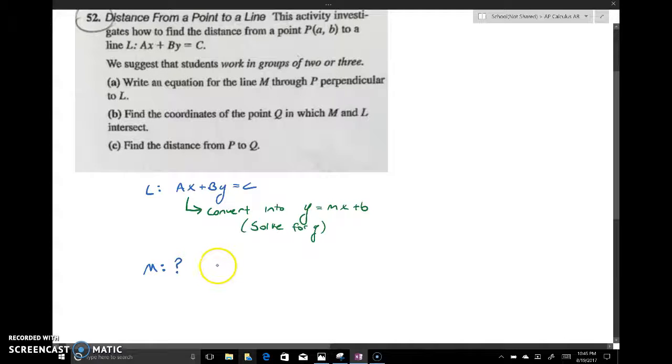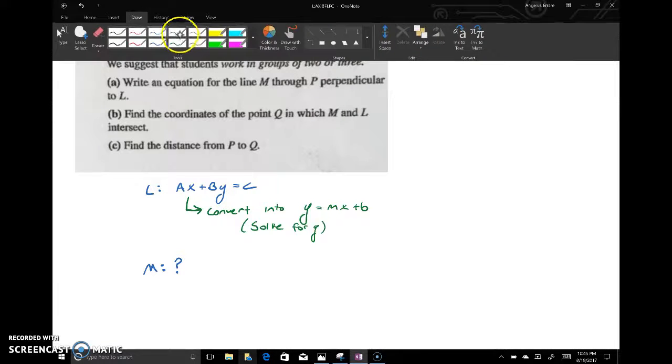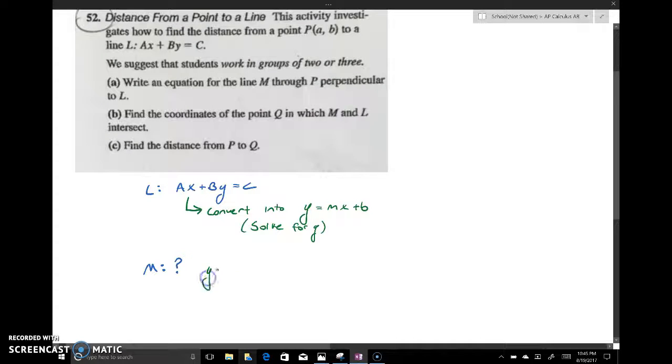What we need to know to write the equation of a line, if we want slope-intercept form, is we would write y equals mx plus b, which means we need to know the slope for line M and the intercept for line M.